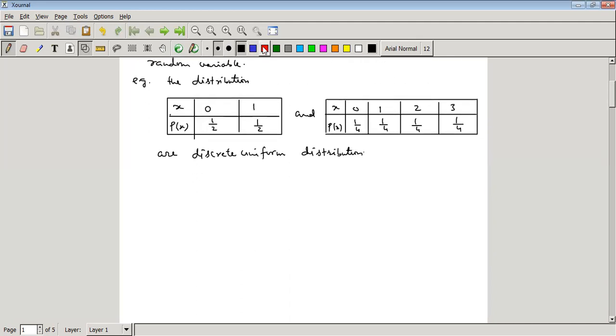So now next is Bernoulli's distribution.